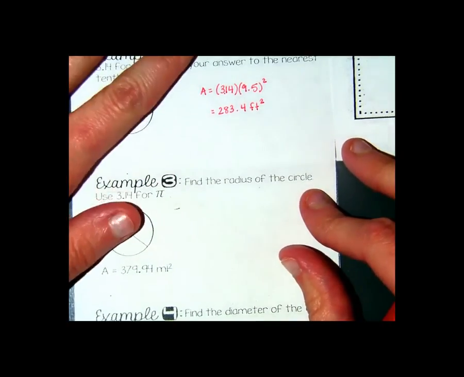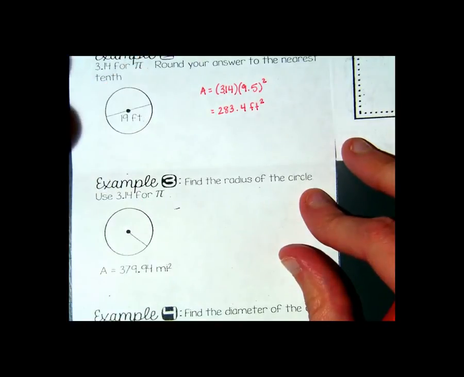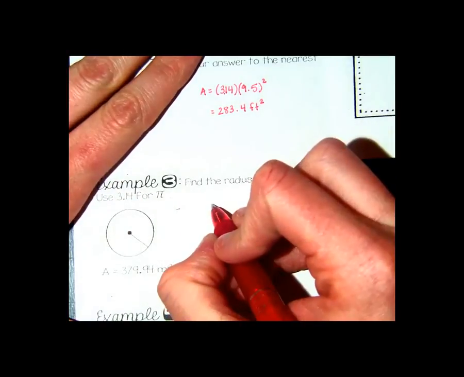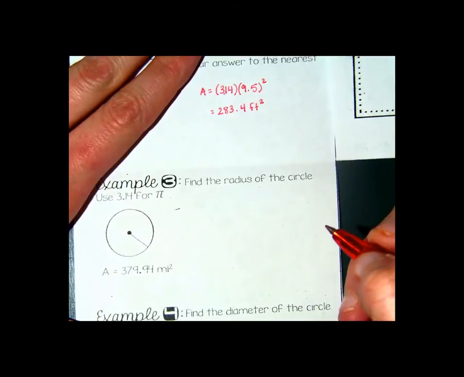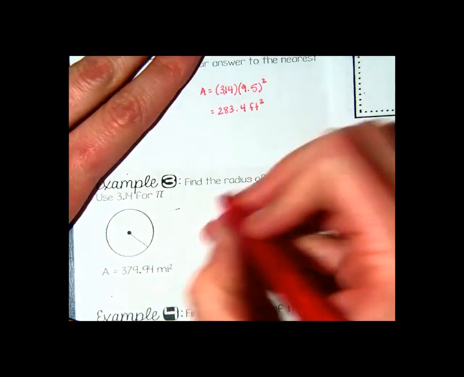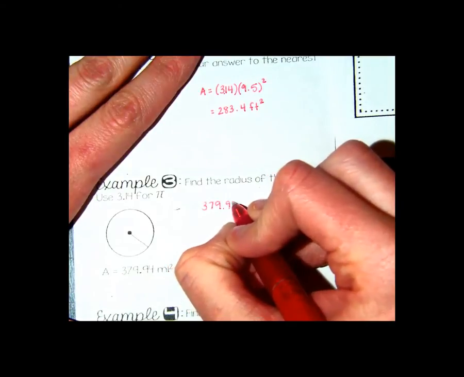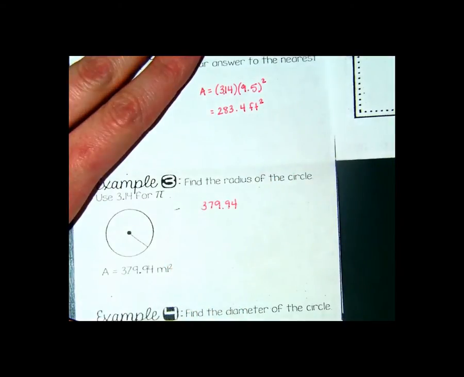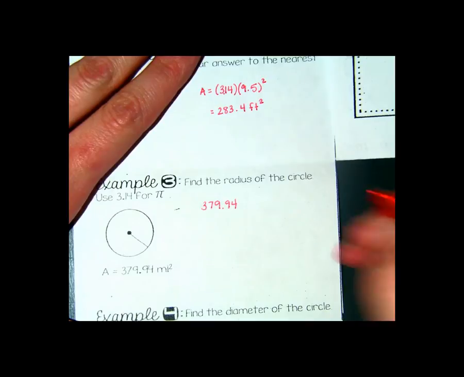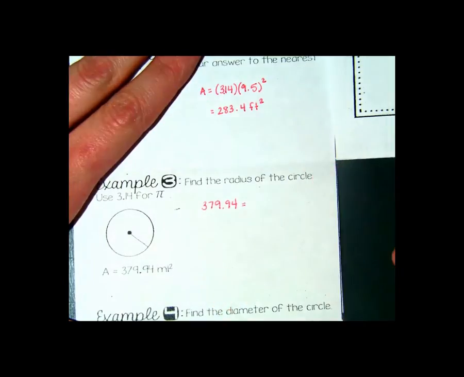So how did you find the radius for example 3? Divide what by 3? Okay, did you write any equation or you just started dividing it and taking square roots?